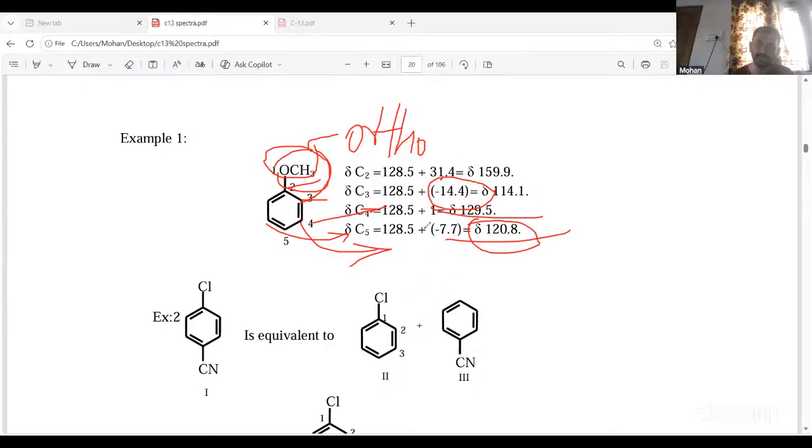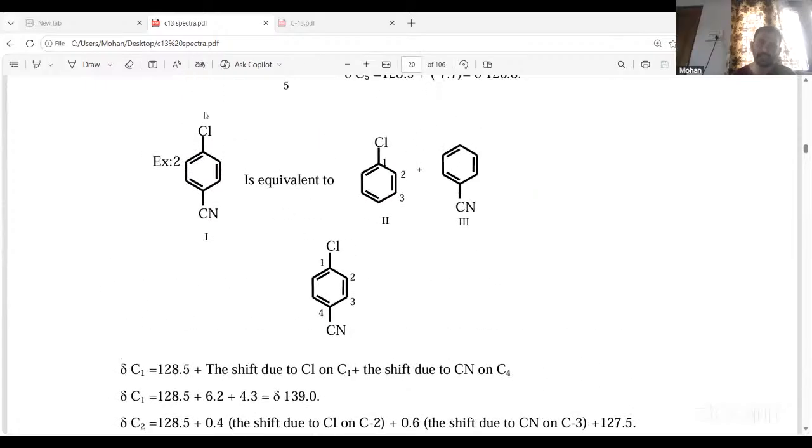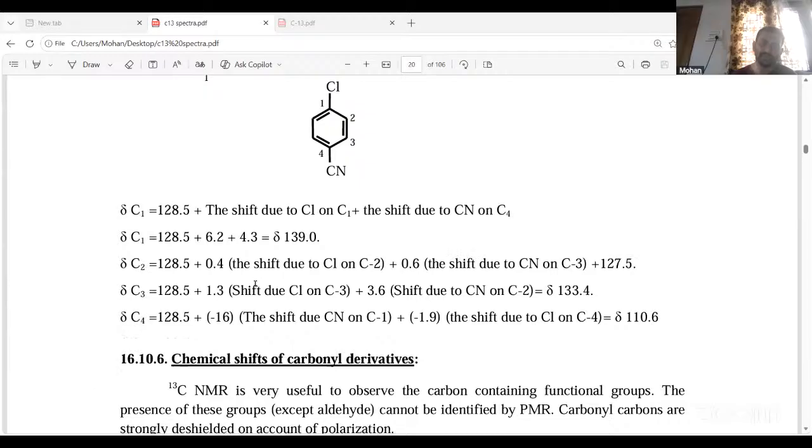So these are the values of the substituted benzene. Similarly, you can calculate the values for para-nitro chlorobenzene here.